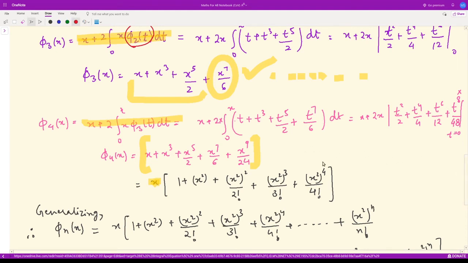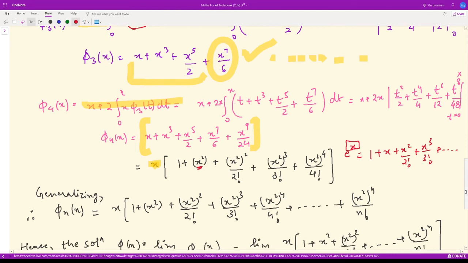So yes, we do have. What is it? You know e to the power x, what is it? 1 plus x plus x square by 2 factorial plus x cube by 3 factorial, and so on. So we have something of this sort, but instead of x, what do we have? We have x square, right?